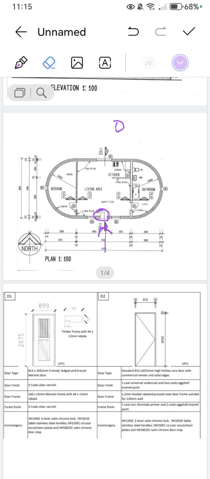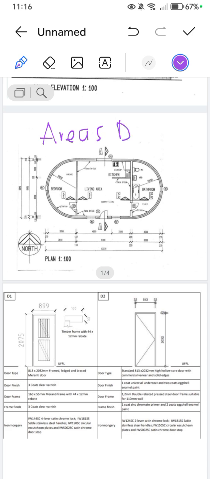And one other thing that you have to note with your doors, particularly when it comes to doing your paintings, is that when you are doing your calculations for painting, you have to calculate the areas of the doors.